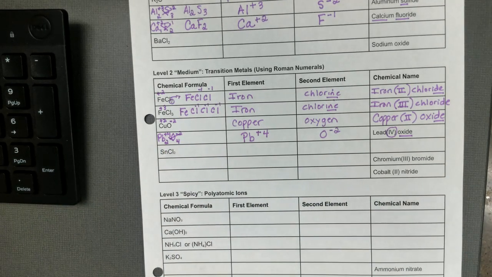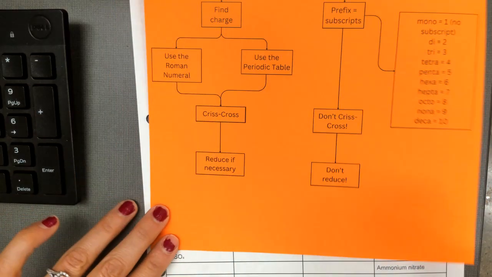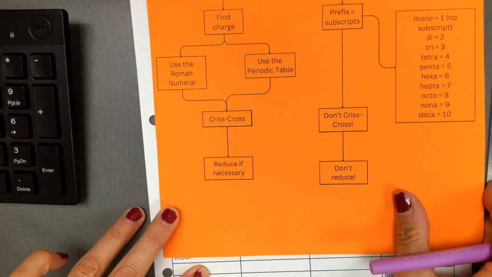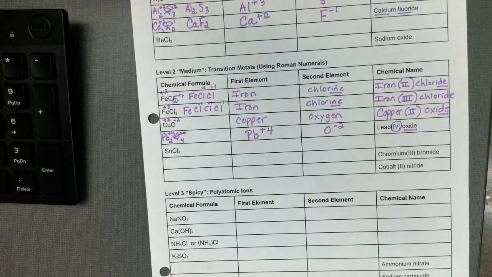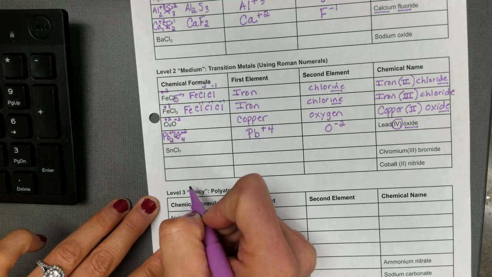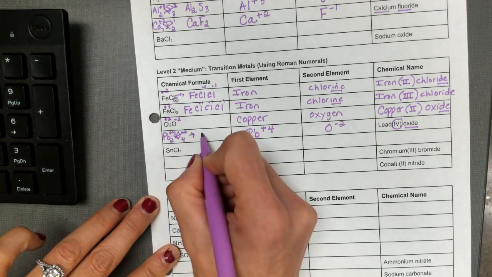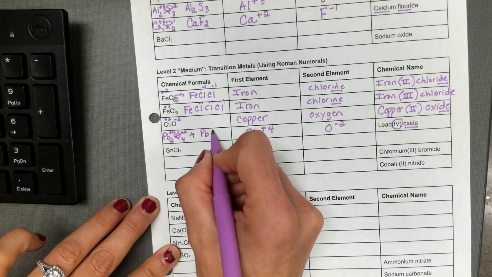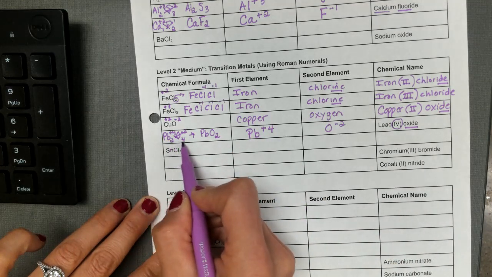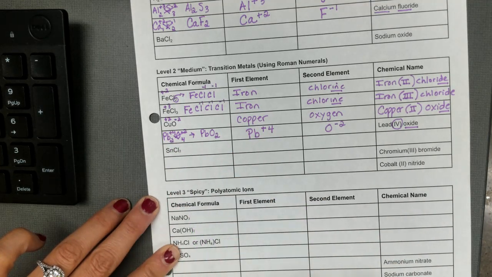Before I write that formula, I'm noticing that I can still reduce. If it's not in its most simplified version, you need to make sure you reduce it. I know 2 goes into 4 2 times, so I'm going to reduce it down to PbO2. I just divided both of these numbers by 2, and that's how I got that formula.